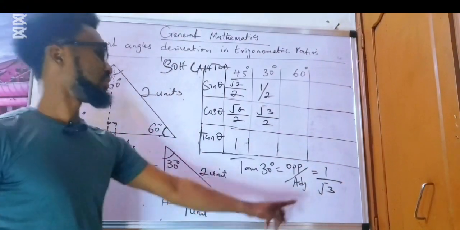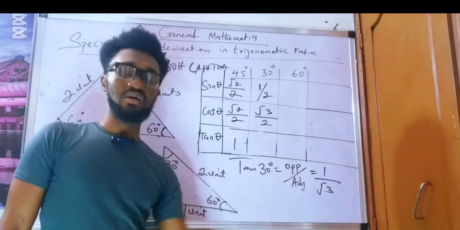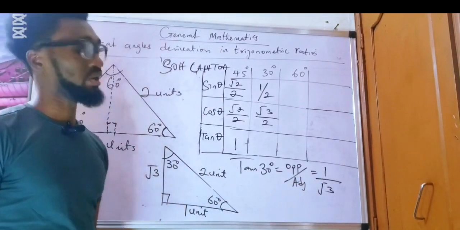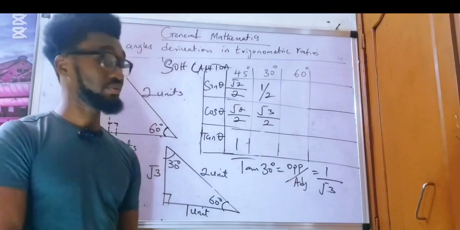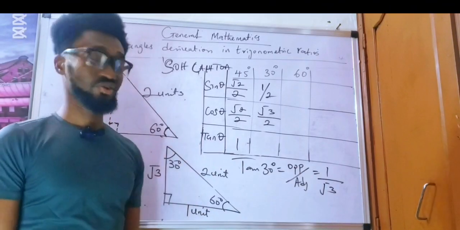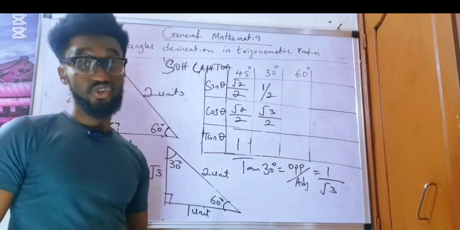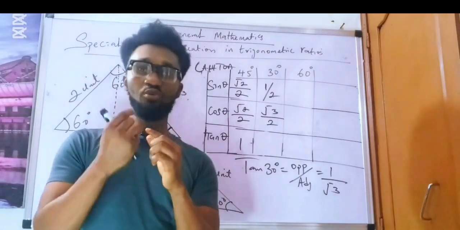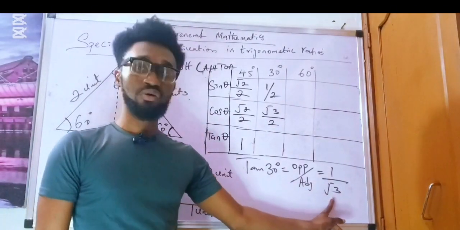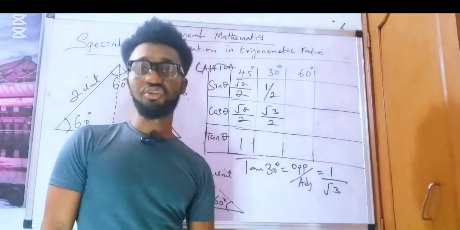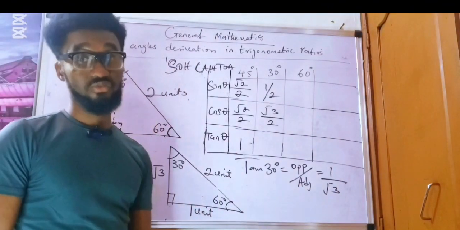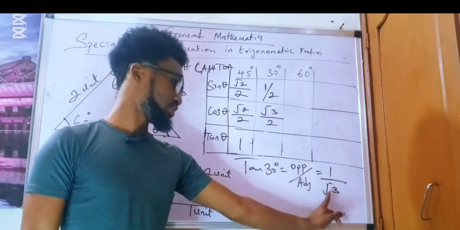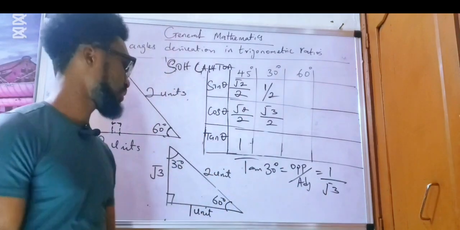Now mathematically, we cannot leave our answer like this because we have an irrational number as the denominator. Just like I said before, we can't leave it like this. So we have to rationalize. By rationalizing, we use the value of the denominator to multiply the numerator and the denominator. The major reason is for us to eliminate this square root here.